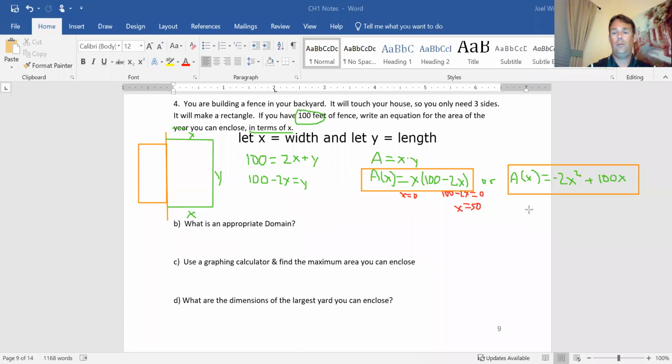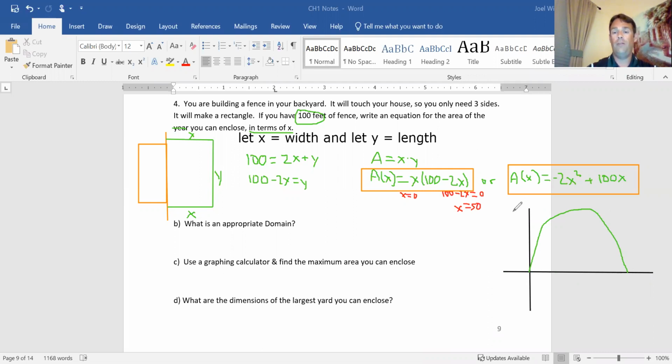So I know I have some sort of parabola, and I'm not going to go below the x-axis. There's no reason to, because that would be a negative area value.